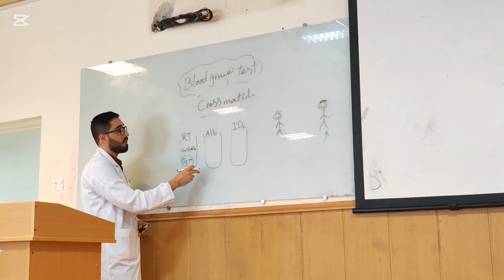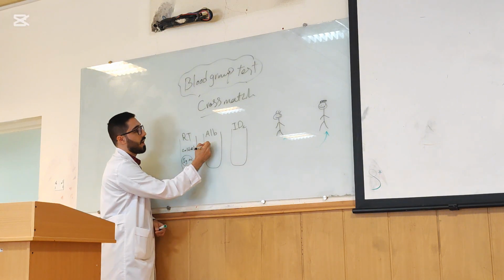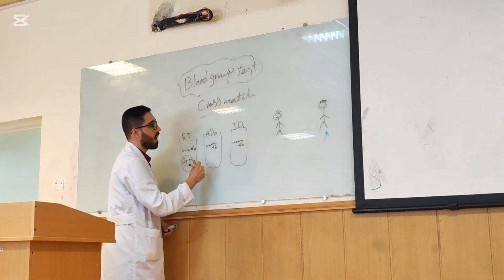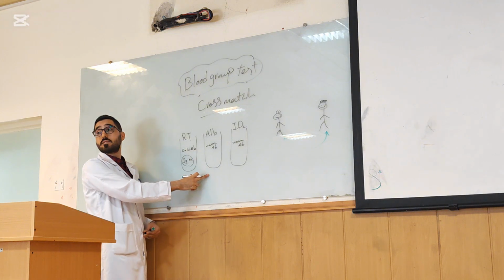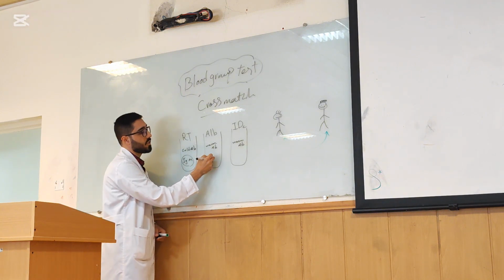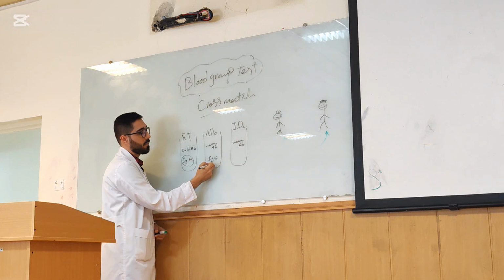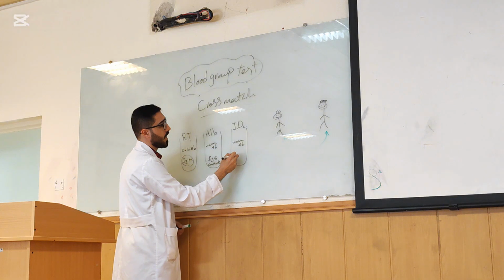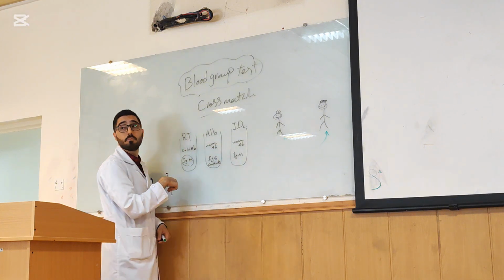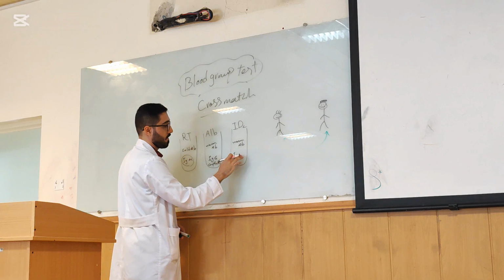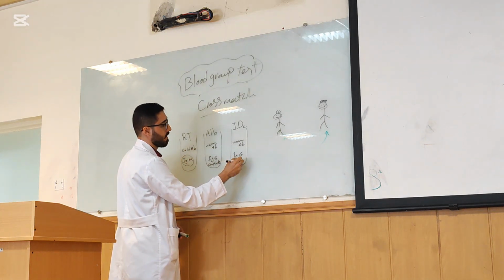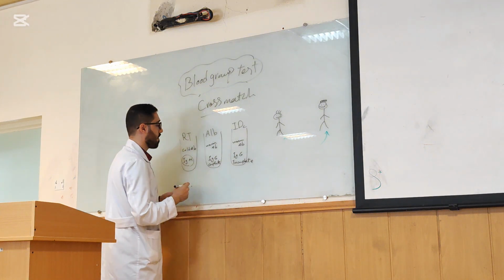In this tube we have warm antibody like IgG. And in this tube we have IgM. We have IgG, incomplete IgG. Okay.